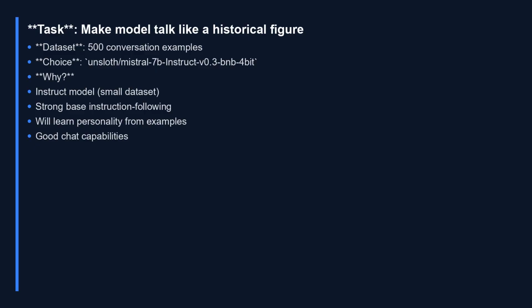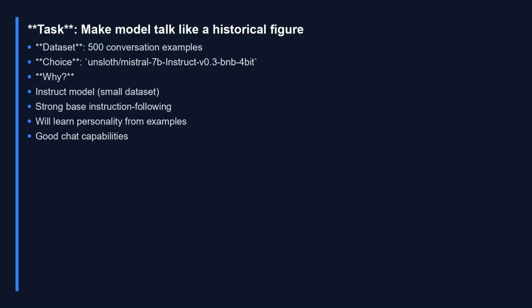Scenario 3. You want a model that speaks like a specific historical figure and you have 500 conversation examples. The right pick is Unsloth's Mistral 7B Instruct v0.3 BNB 4-bit. 500 examples is a small dataset. Mistral has strong base instruction following that your examples can build on.